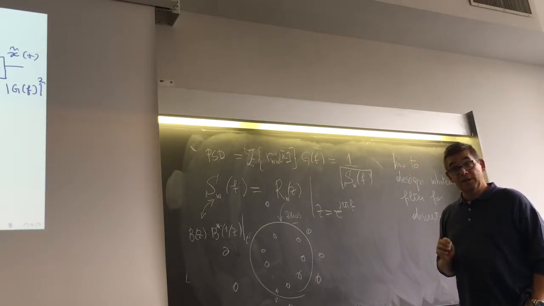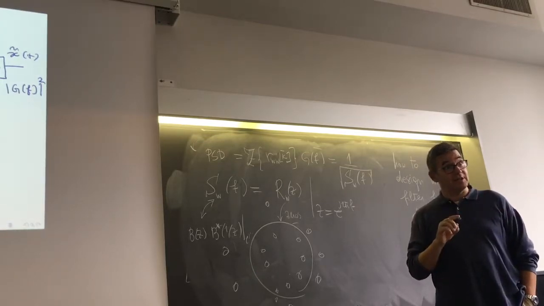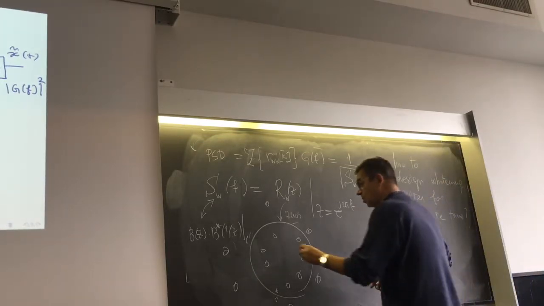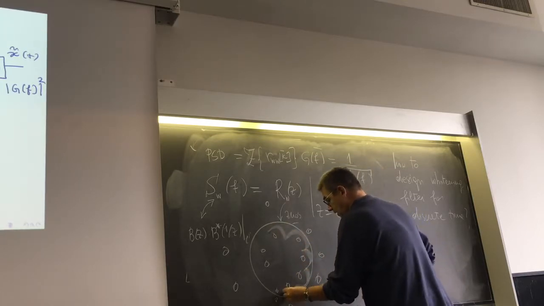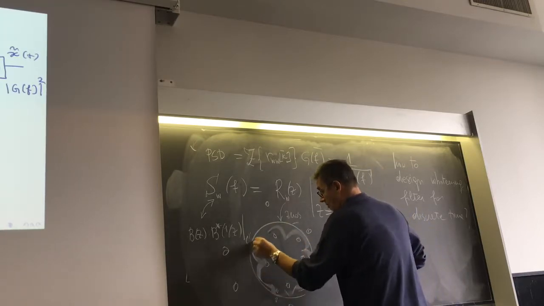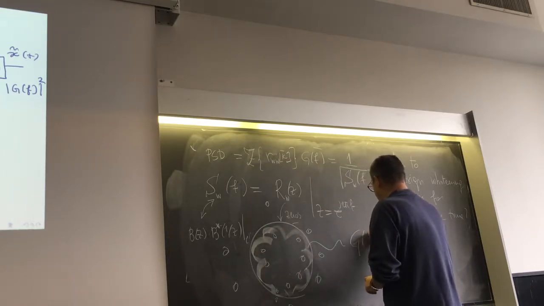The whitening filter, if you want to apply a causal whitening filter, what you do, you choose all the zeros inside the circle, and all these zeros give the G(f).